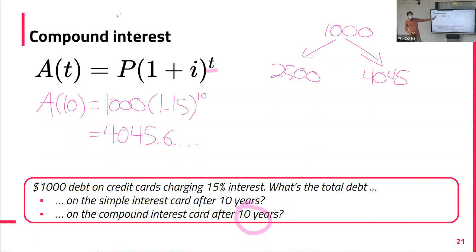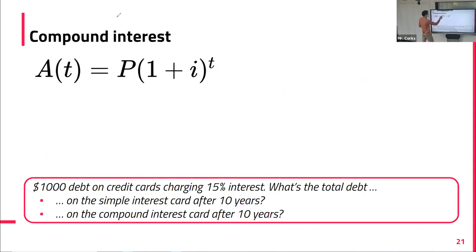So anytime you're in a situation with interest, make sure you know the exact terms and what kind of interest you are dealing with. The dollar values and difference here are very large. All right, so these are the two formulas.